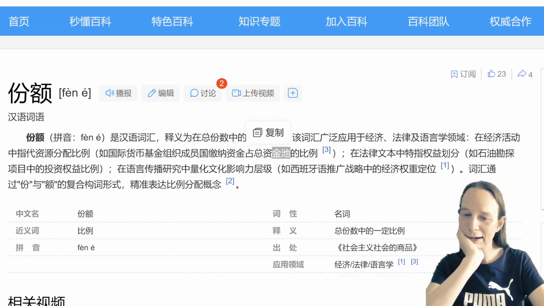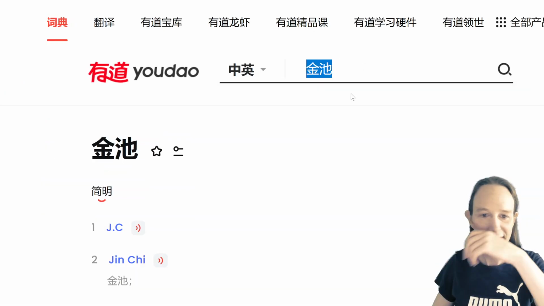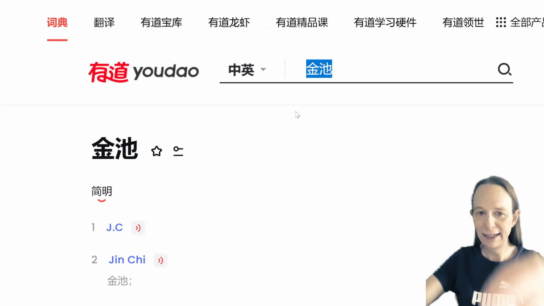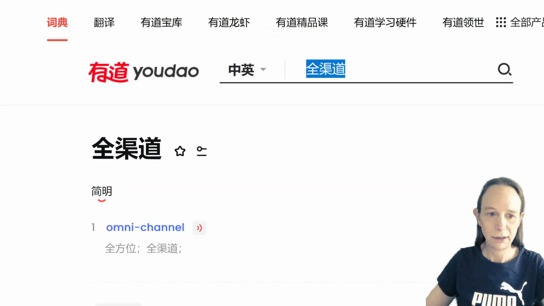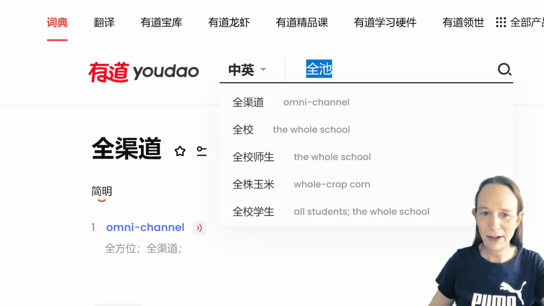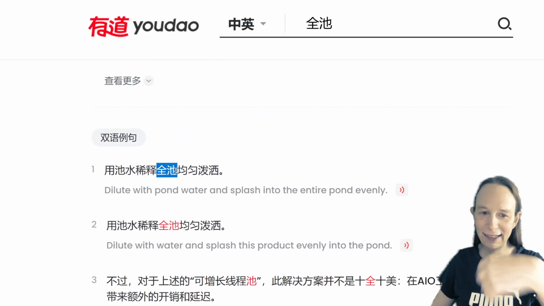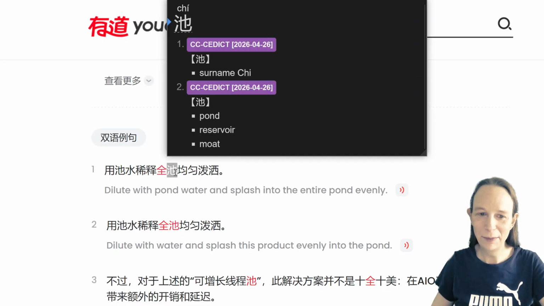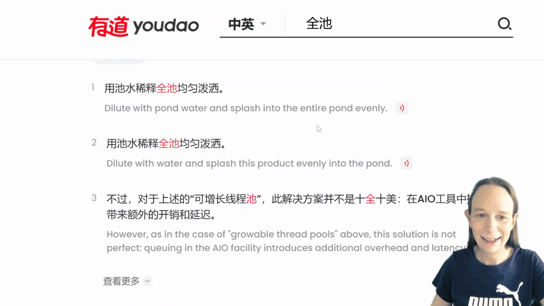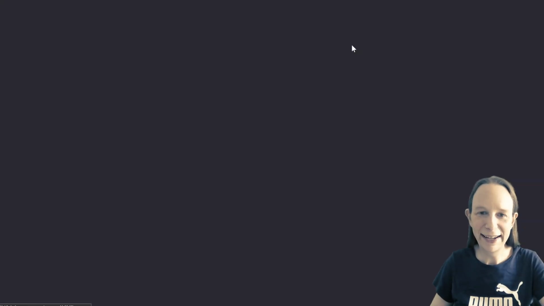Is that a typo? Is that a word or is it a typo for like 全池? I think it's a typo, but I'm not sure. That might not be a thing either. Yeah, I think it's a typo. 全池, entire pool, right? But I don't know. Maybe this might be a concept in finance. I just don't know.